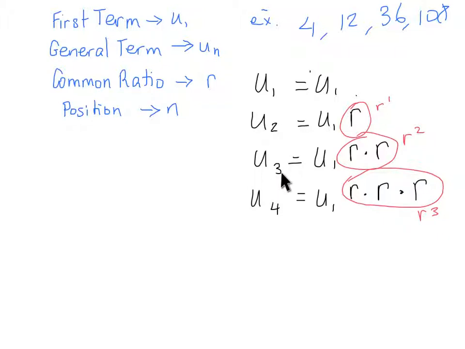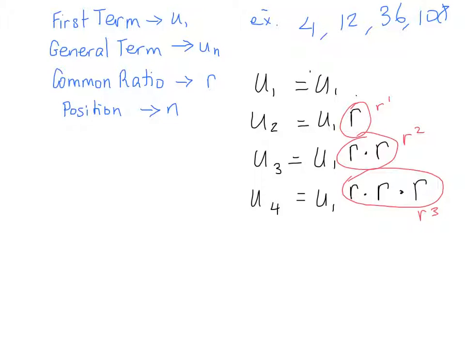When we're looking for the third term, the exponent of R is 2. When we're looking for the fourth term, the exponent of R is 3. If you notice, what's the relationship between the term, the n value, and the exponent of R? Well, the exponent of R is always 1 less than our n value.